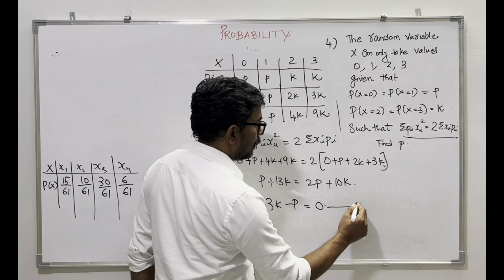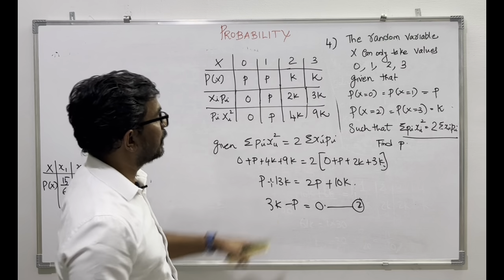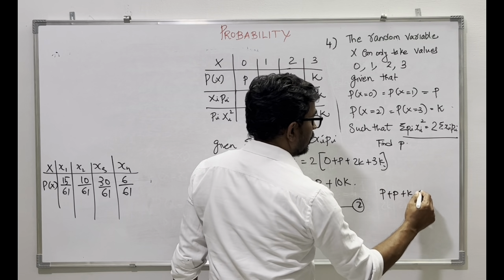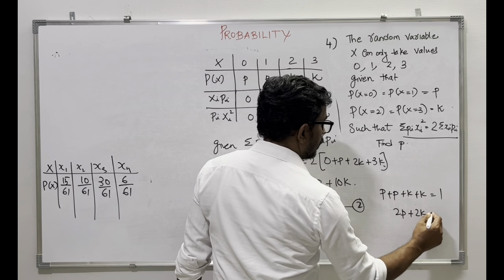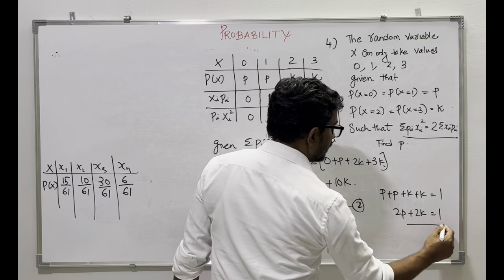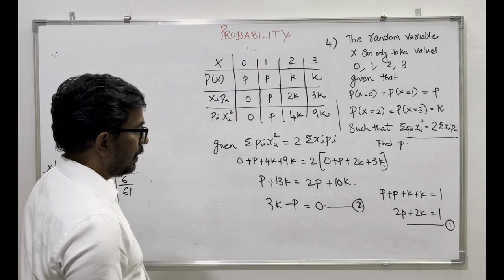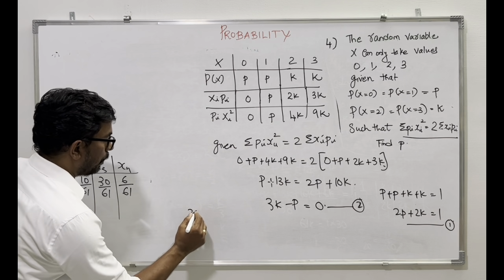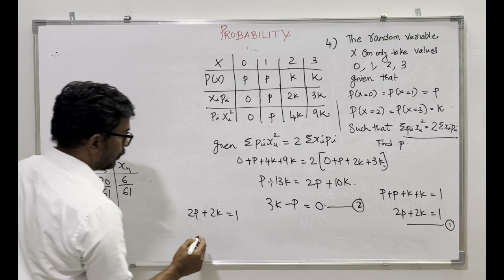Actually we wrote the first equation like this. What was the first equation? You add all this, it will be p plus k is equal to 1. That is 2p plus 2k is equal to 1. So this is my first equation. The second, you can write in any order. Let us solve this one. We will write 2p plus 2k equal to 1.